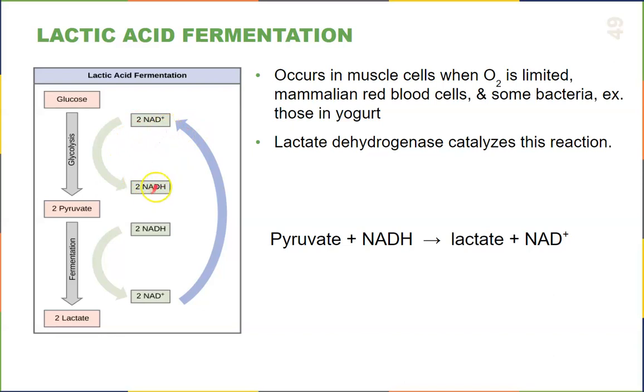So remember, glycolysis makes those NADH molecules that are used in the electron transport chain. But since oxygen's not available and it's not driving the electron transport chain, it's halted, we have to generate our NAD again some other way. So we take NADH and we break the bond off, and we use that energy to make lactate instead.